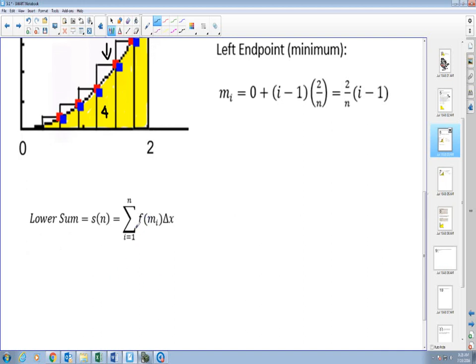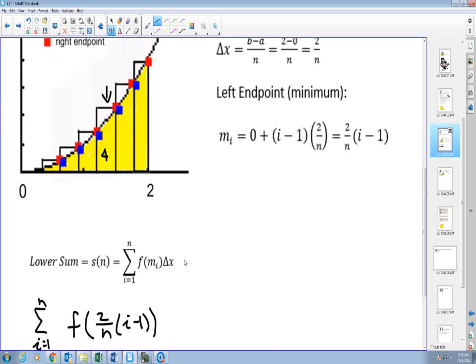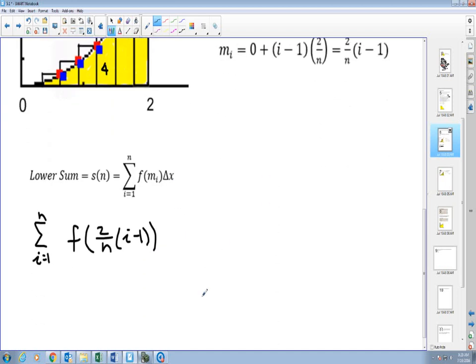So let's write it out. f of m sub i. My m sub i is 2 over n times i minus 1. So f of 2 over n times i minus 1, times my delta x, my width, 2 over n.